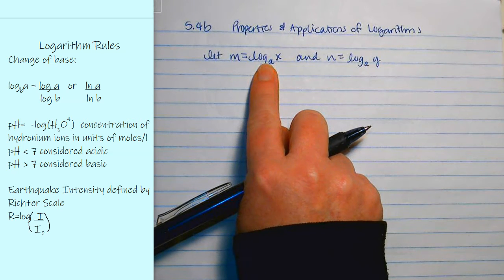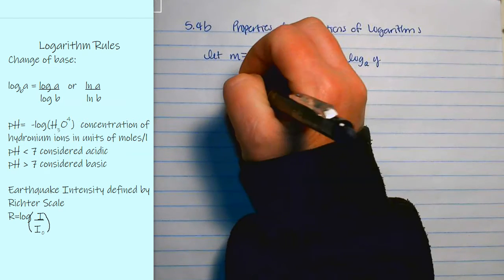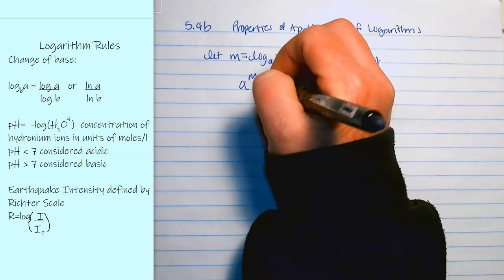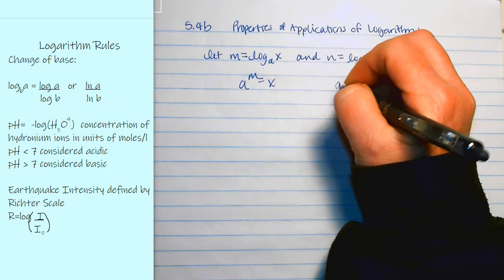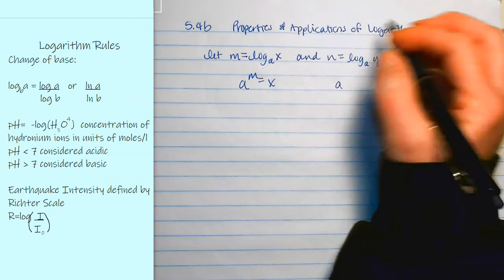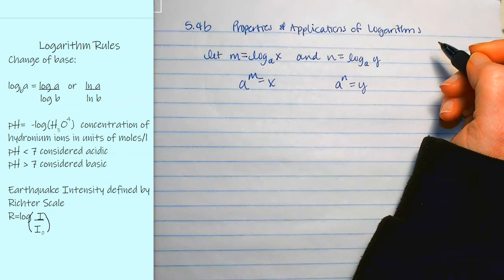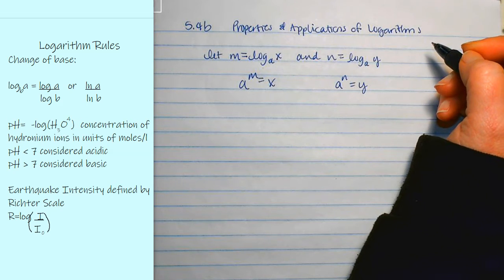So what I want to do is first rewrite this in exponential form. So this is going to be base a to the m equals x, and this will be base a to the n equals y. So if we were to multiply these out, in other words, what does xy mean?